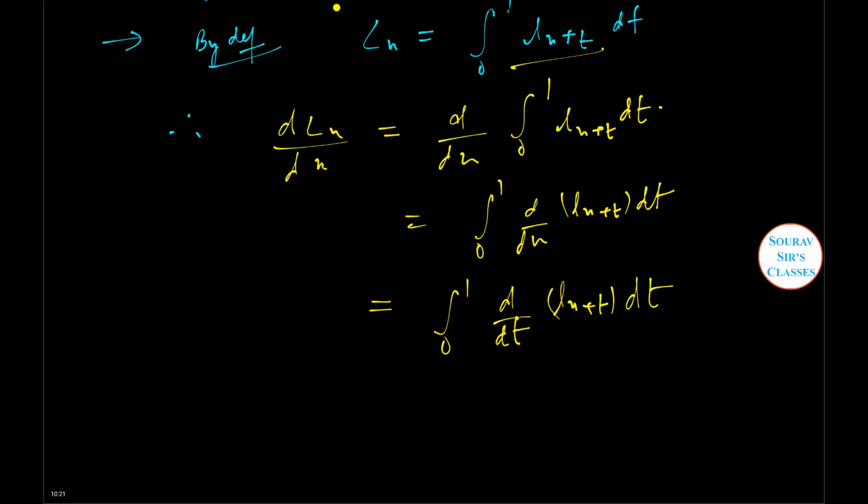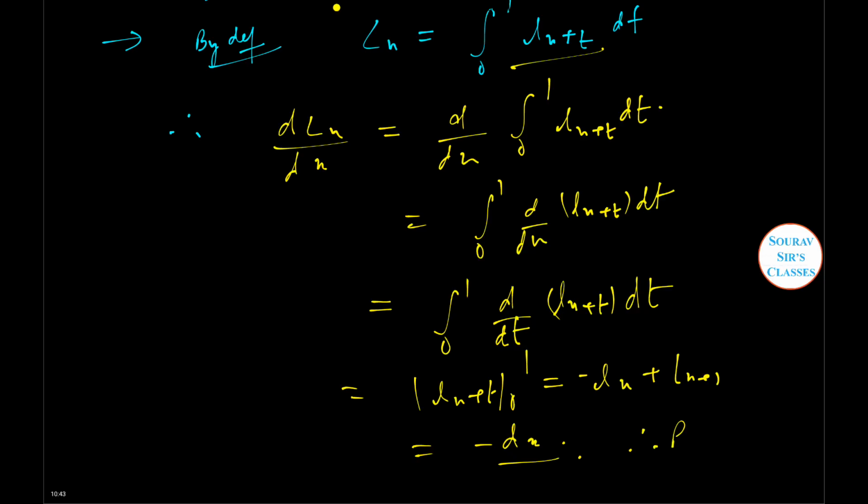Since lx plus t is a continuous function of x and t, it is further equal to lx plus t from 0 to 1, which is equal to negative of lx plus 1, which is finally equal to negative of dx. Therefore, proved.